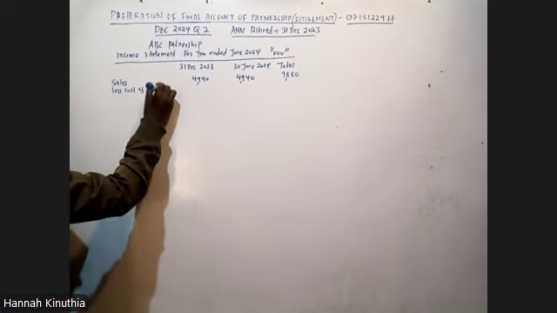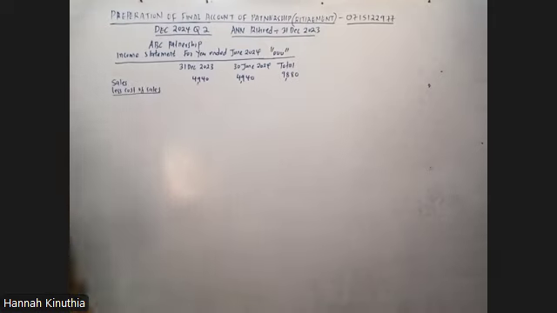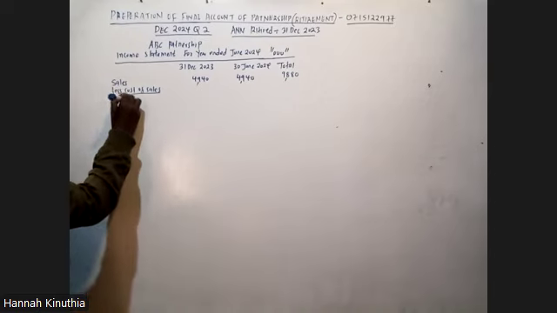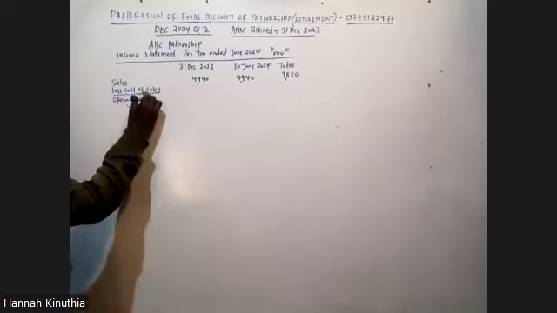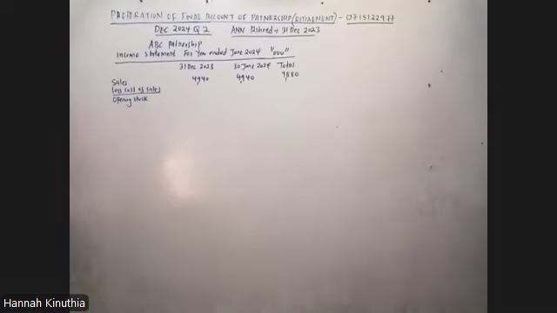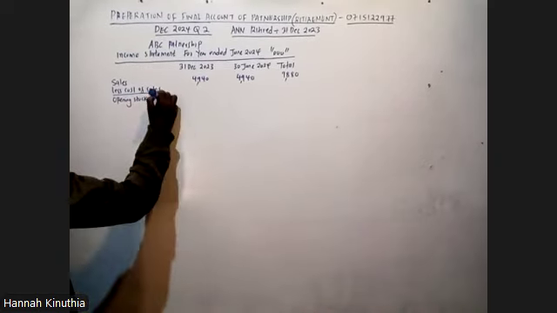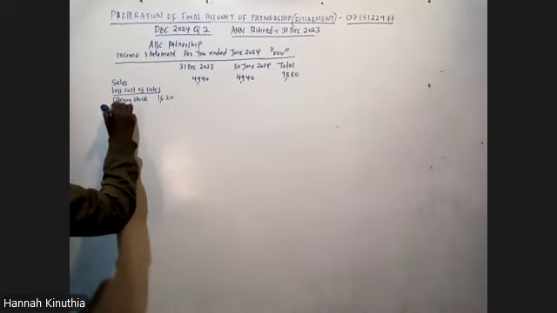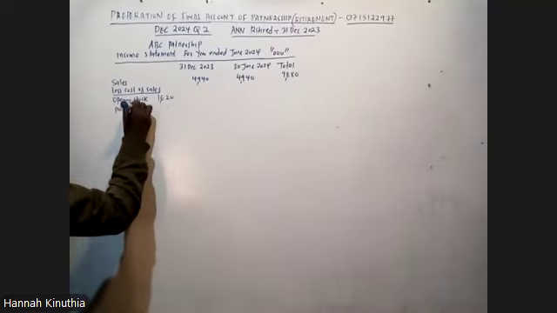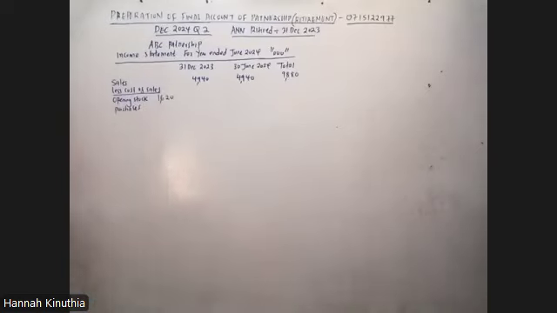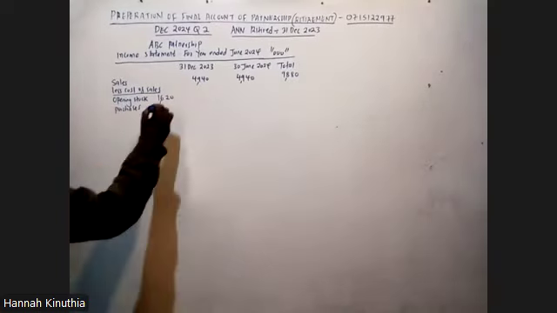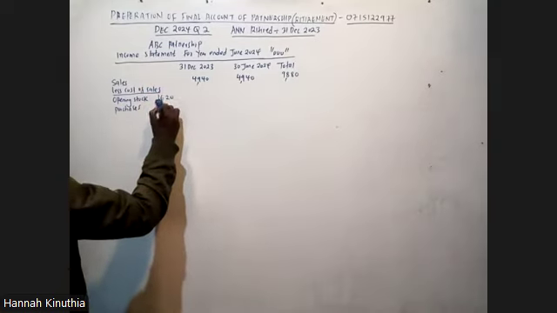Cost of sales. Now, cost of sales, we start with the opening stock. So what's our opening stock from the question? Information number 1, opening stock is 1620. Then you're supposed to add purchases. Purchases from the question above, how much? 5820.